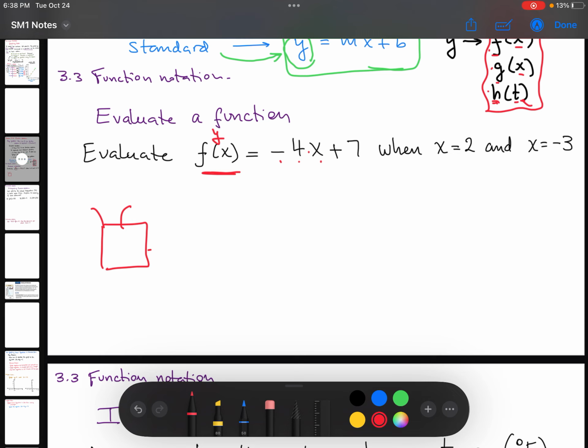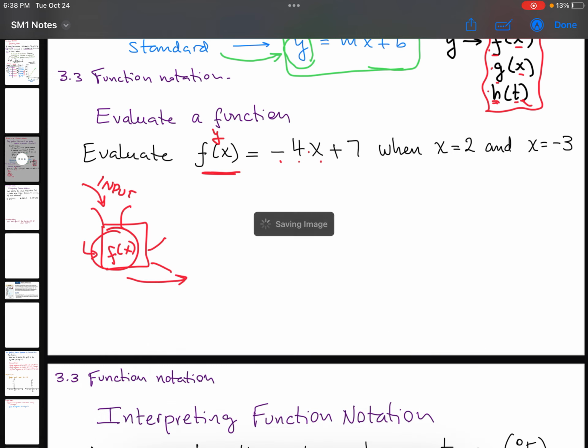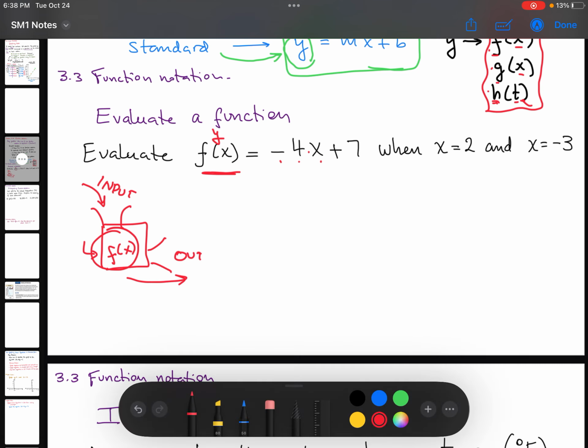So we have the function which carries out some operation as you enter something here. We drop the input here, then the machine does something, and then boop, you got the output, all right? The function f of x is the way that you interact mathematically, the input with certain operations to produce something.